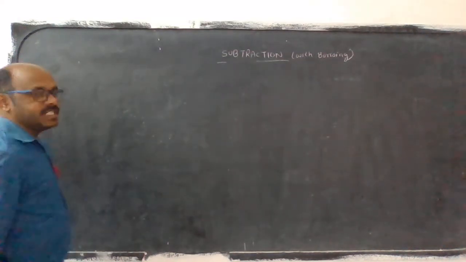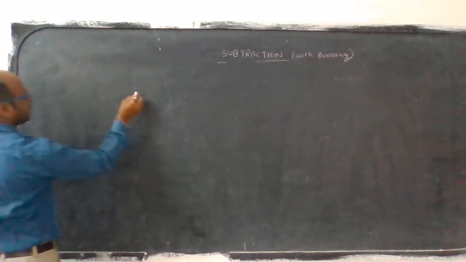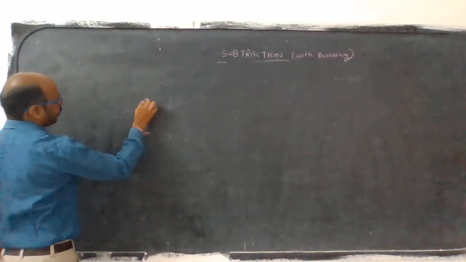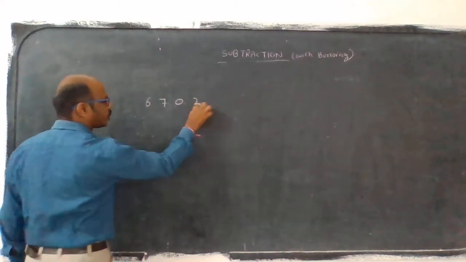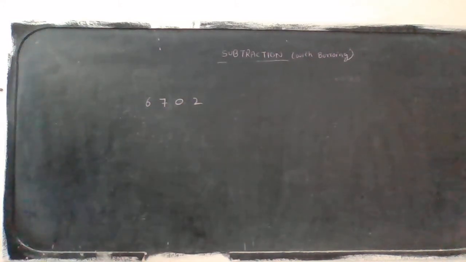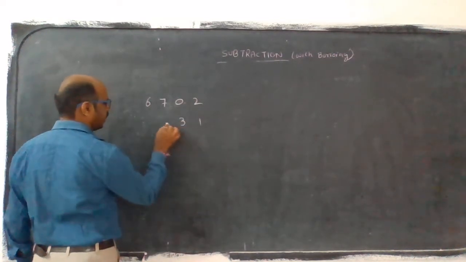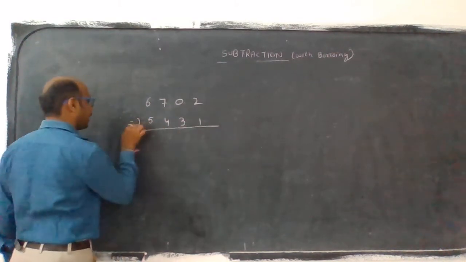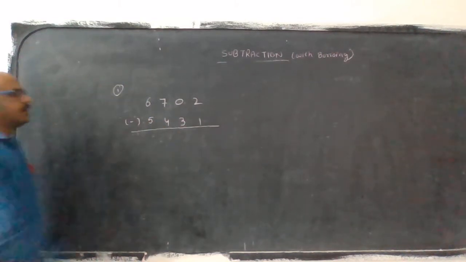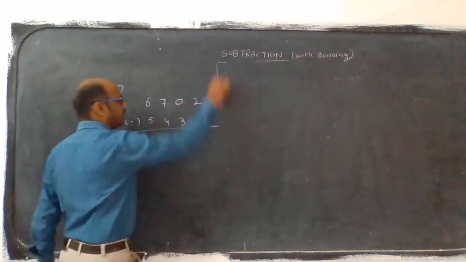So see, if 0 is there in the minuend place, one example I am saying: 6,702 minus 1,345. We are applying subtraction. This is part 1, one example.